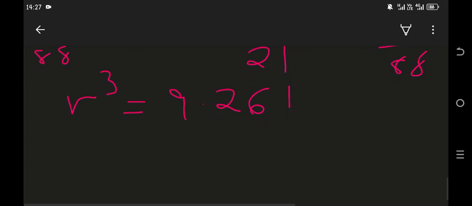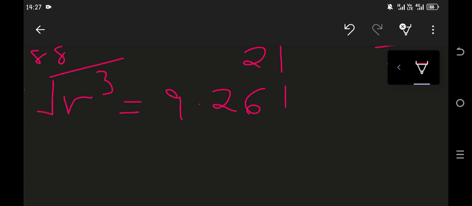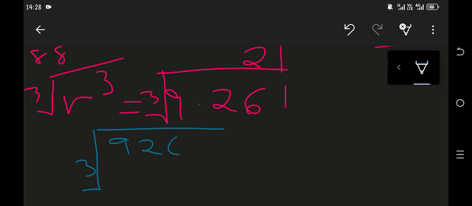Now, to get R, we are supposed to get the cube root of both sides. What will we do? We will be changing this into a fraction. So what is 9.261 as a fraction? We are supposed to get the cube root of 9,261 all over 1,000.